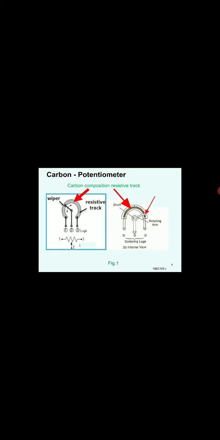You have a wiper in both the figures, as you can see. That will be attached to the shaft in the middle, and as you rotate the shaft, the wiper position will change.